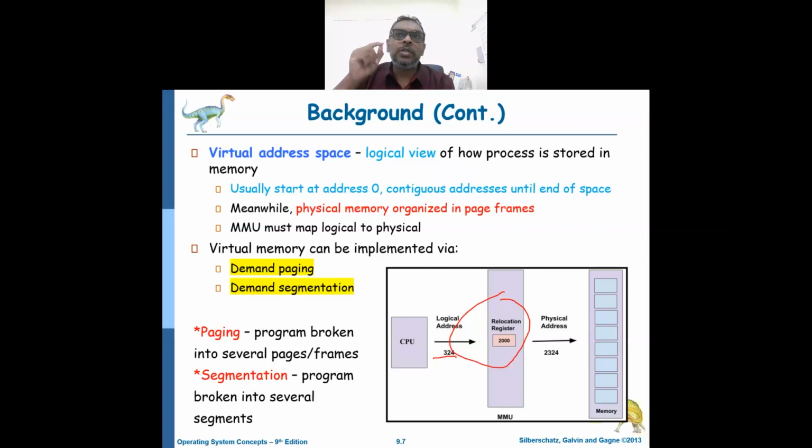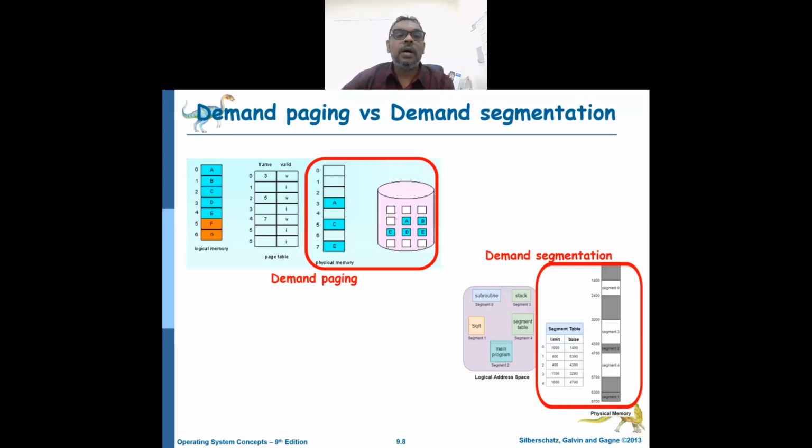So in demand paging, we start talking about pages and segmentation inside the virtual memory. In paging or segmentation in chapter 8, there is no use of virtual memory and no use of the relocation register. So this is how it looks in demand paging.